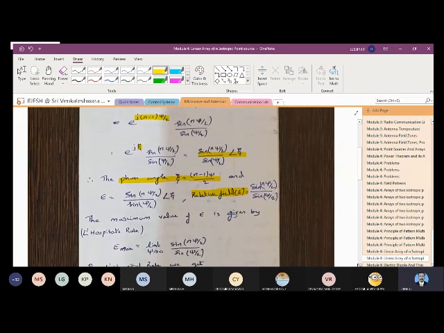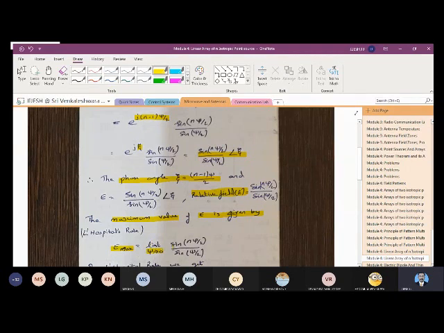So the maximum value of E is given with the help of L'Hospital's rule. You can find out the maximum value of E. So E max can be written as limit of zeta tends to 0. So sorry, psi tends to 0.